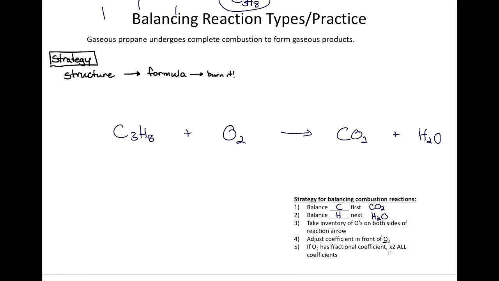In this question, I'm proposing that gaseous propane undergoes complete combustion. We know combustion means to react with oxygen to make CO2 and water. But I didn't give you the formula of propane, and we definitely need that to balance it, so we need to get that formula from the structure.